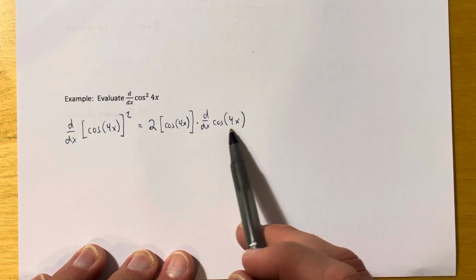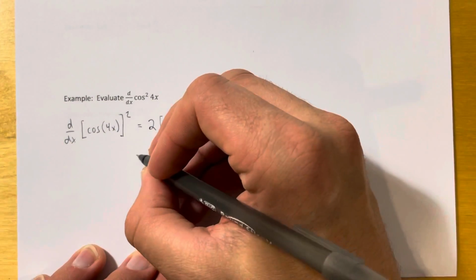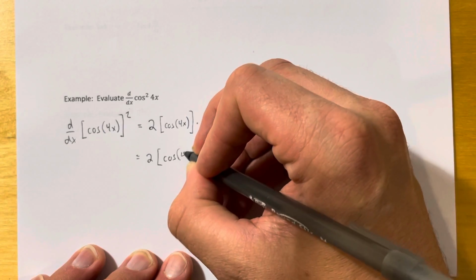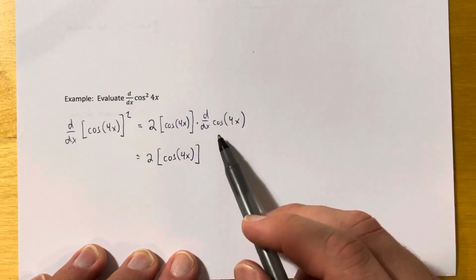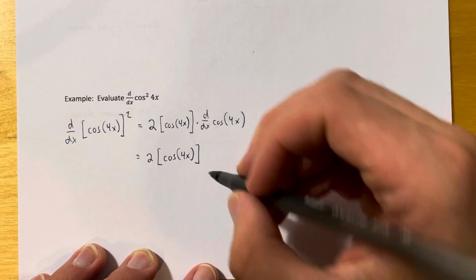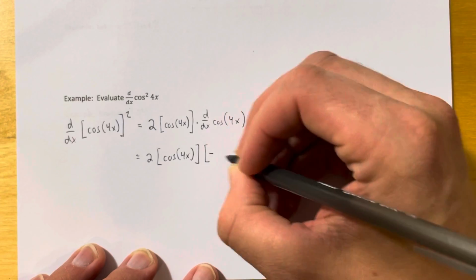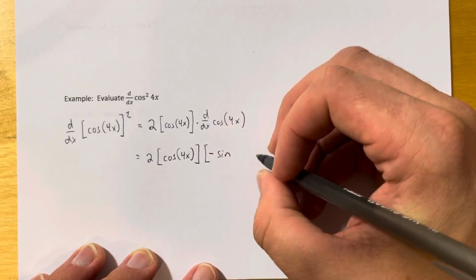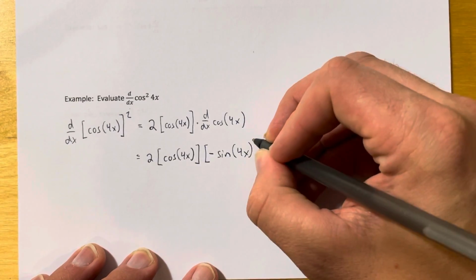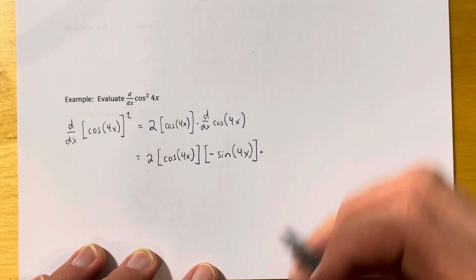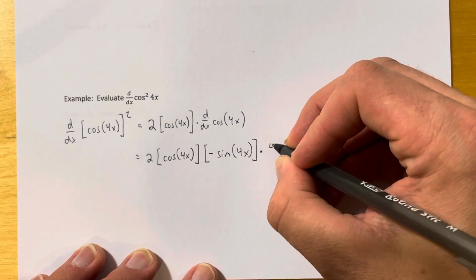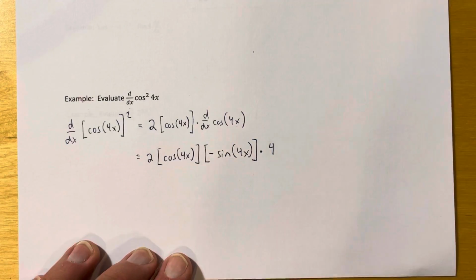So I need to use the chain rule a second time on this guy. I'm going to have 2 times cosine of 4x. Now the derivative of this, again using my chain rule, I start with the derivative of the outside function, which is negative sine of x, but I plug my inside function into that, 4x, and then that gets multiplied by the derivative of the inside function, the derivative of 4x, which is just 4, okay?